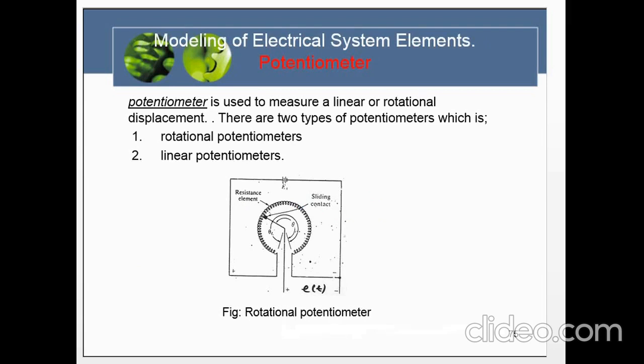Okay, modeling of electrical systems. Now we look at the potentiometer. The potentiometer is used to measure a linear or rotational displacement. There are 2 types of potentiometer: rotational potentiometer and linear potentiometer.